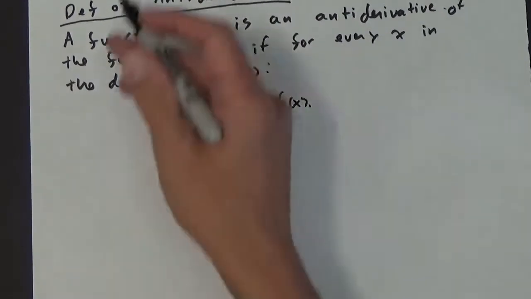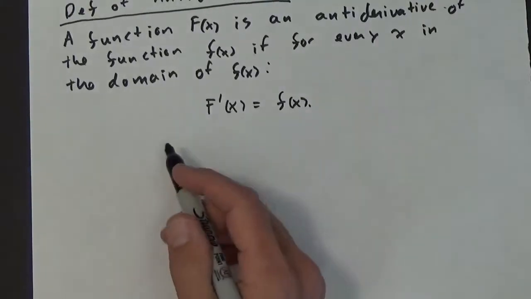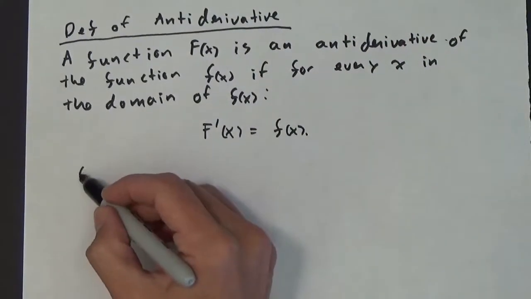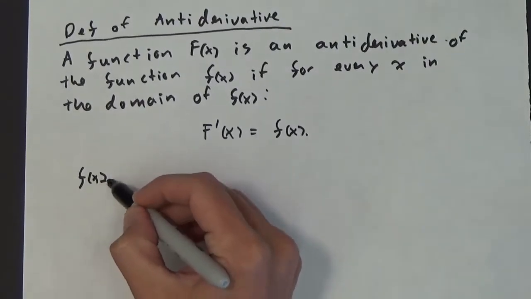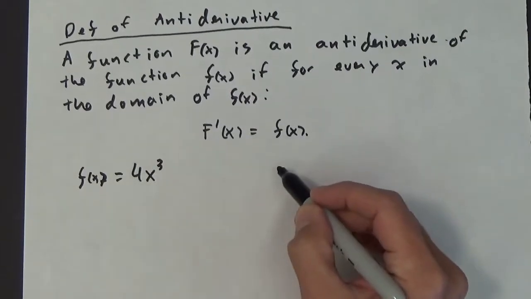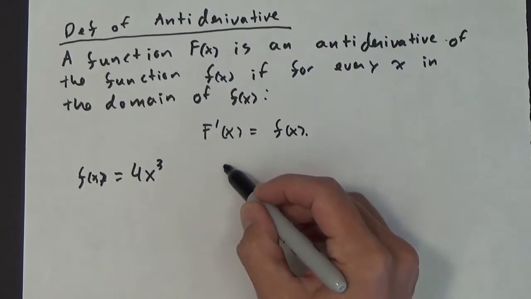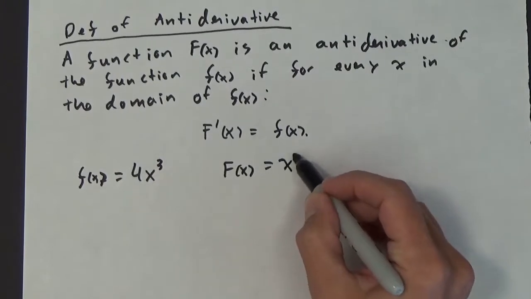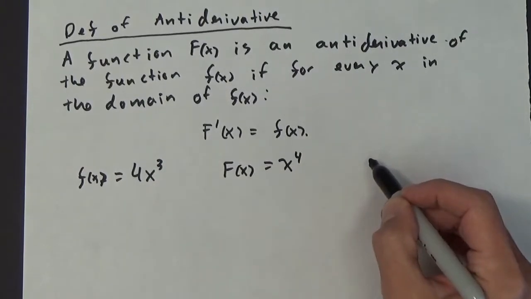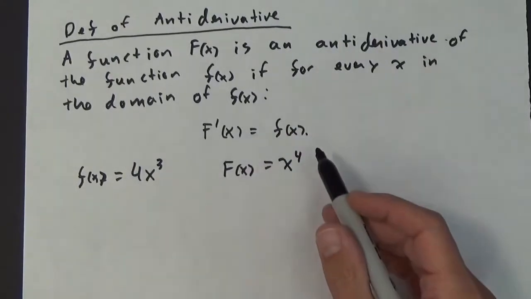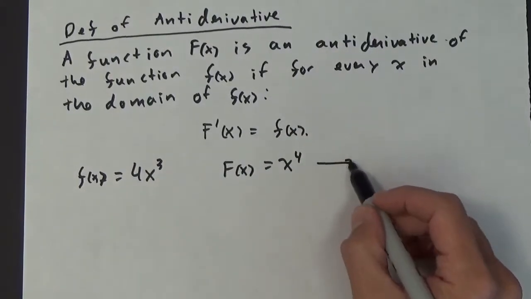All right, so going back to our example, we had little f of x equals 4x cubed. And so we came up with capital F of x equals x to the fourth. Now the neat thing about antidifferentiation, or finding the antiderivative, is there is a way to check.